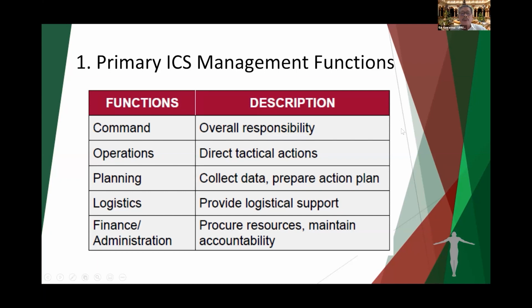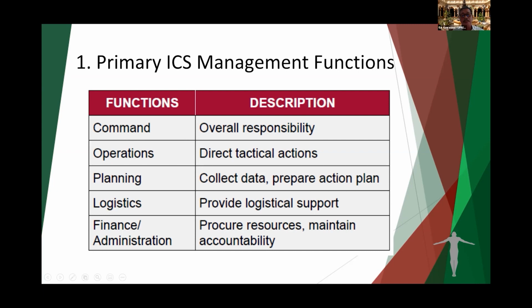Tactical actions are performed by the operations section. Data gathering and the preparation of action plans, among others, are done by the planning section. Logistical support is provided by the logistics section. Maintaining accountability is done in the administration section.